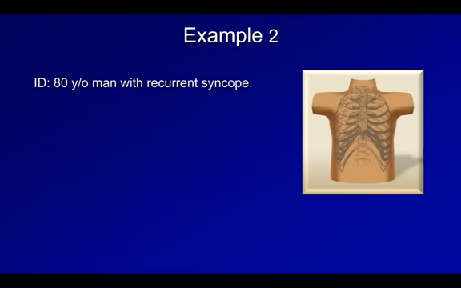Example number 2. An 80-year-old man presents with recurrent syncope. This murmur is best heard with a diaphragm at the second right intercostal space. Let's go through the same set of questions as the last case. So first, what's the timing?